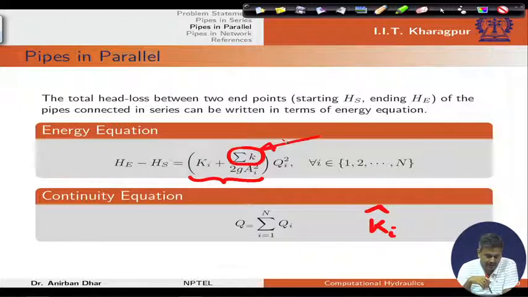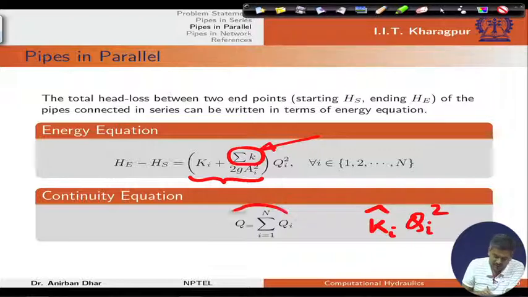So, in this case this K1 plus this quantity we can directly write as k hat, and this is nothing but k hat into Q square, because we are considering this Darcy-Weisbach equation in our case, and discharge is the summation of total discharge values from individual pipes.